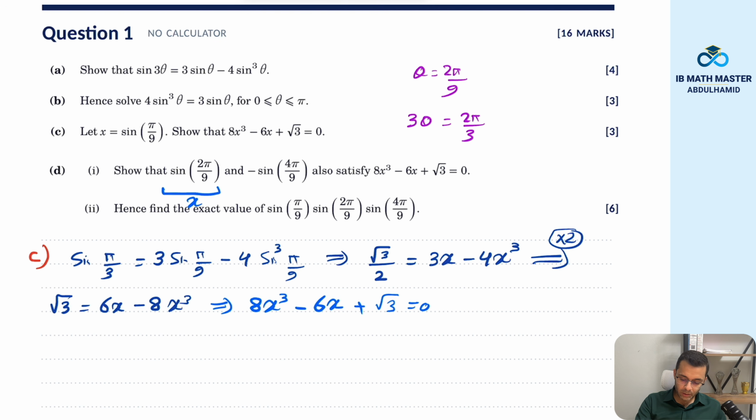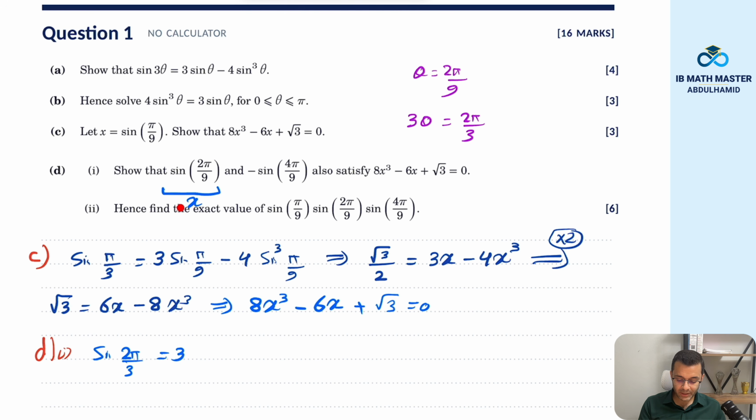So to do it now in part D, here I will replace the sine. As we see, sine 3 theta becomes this. So it will be sine 2 pi over 3 equals, keep 3. Here, by the way, I will replace sine theta like I did in part C. But here, it will be sine 2 pi over 9.